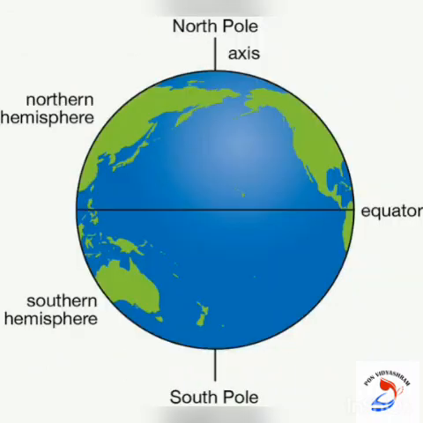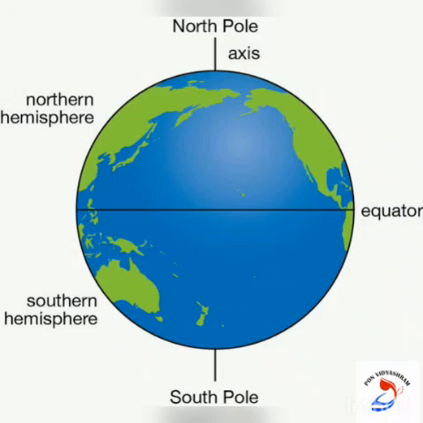Another imaginary line running on the globe divides it into 2 equal parts. This line is known as the equator. So the Earth is separated into 2 parts, the upper part and the lower part.